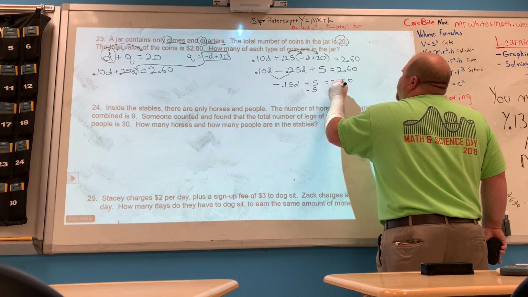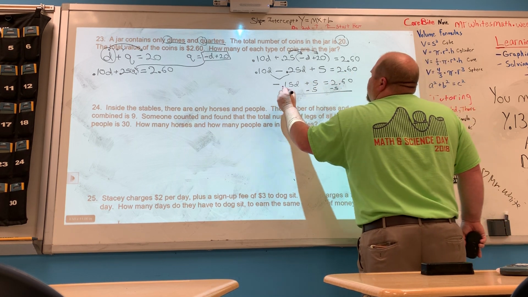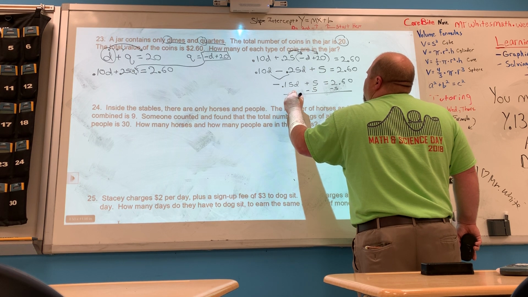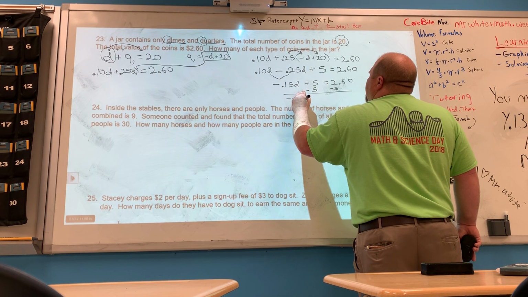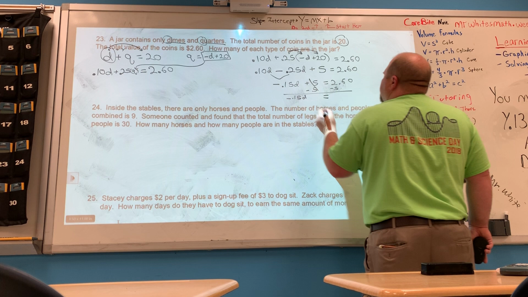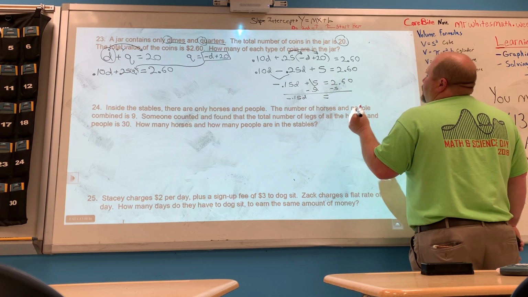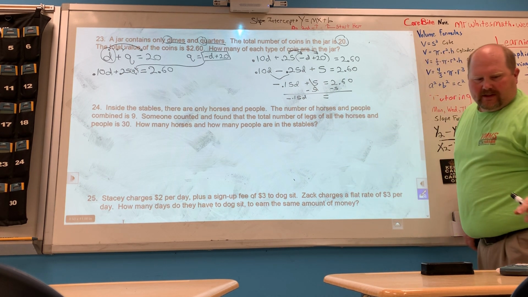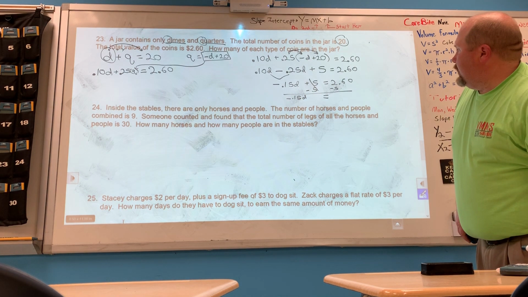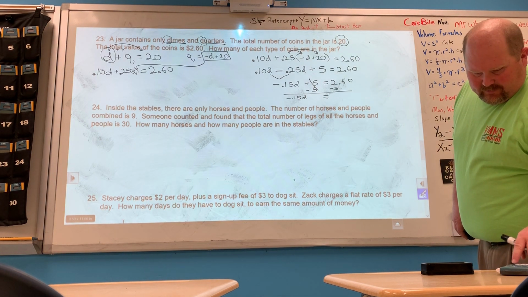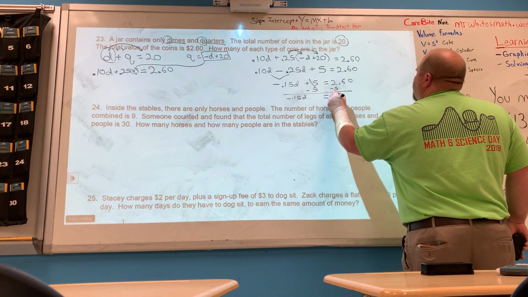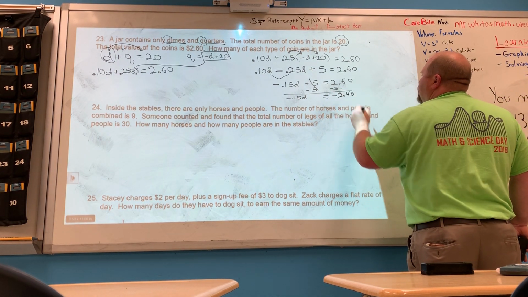So I subtract 5 from both sides. So negative 0.15d is equal to, let me check that with the calculator so we don't mess up right here. 2.6 minus 5 is negative 2.40.